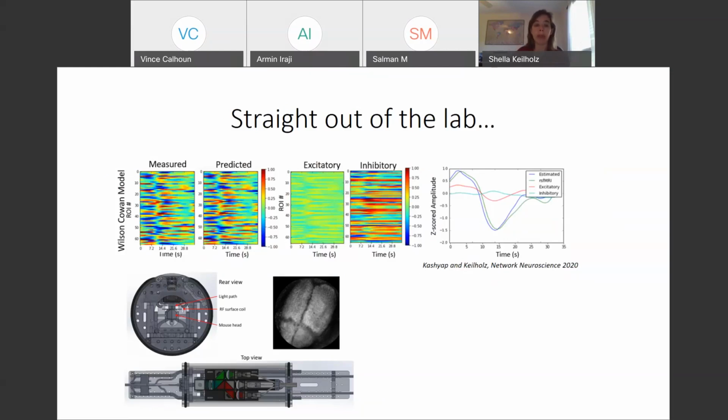So for example, we could take the BOLD signal that we acquire at the same time with this optical imaging, use the machine learning approach that I described earlier to estimate these latent variables, and then try to validate those against what we had measured simultaneously with optical imaging. So that is coming along. We've got our optical and fMRI setup developed, and Wenju got a nice first image of the rat skull through our optical fiber bundle right here. I think that's beautiful, and I'm really excited to see where that's going to go.